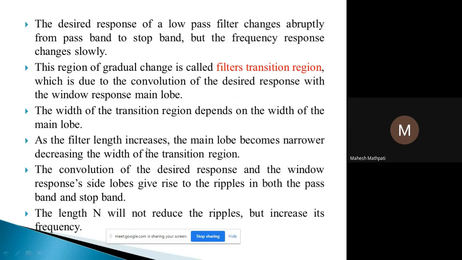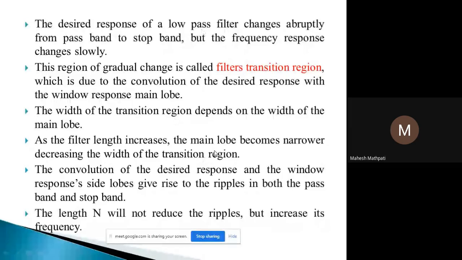Then again, as the filter length increases, the main lobe becomes narrower, decreasing the width of the transition region. The convolution of the desired response and the window response side lobes give rise to ripples in both the pass band and the stop band. The length N will not reduce the ripples but increase their frequency. So these are the points we can observe from the above graph.